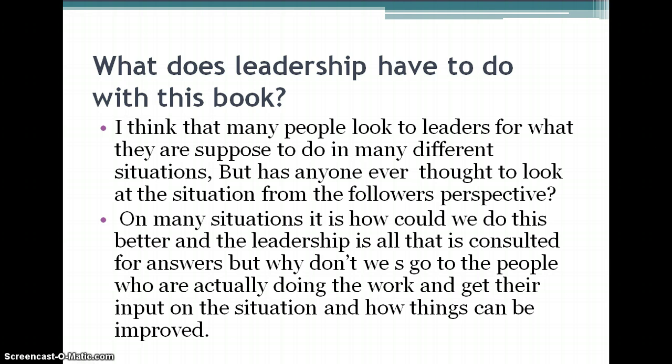Leadership also is a way that we can improve on situations and take vital input that could end up saving someone's life if it came down to that kind of situation. I just think that the way we look at things needs to be changed, and this book has a very good view and perspective on the way situations should be handled.